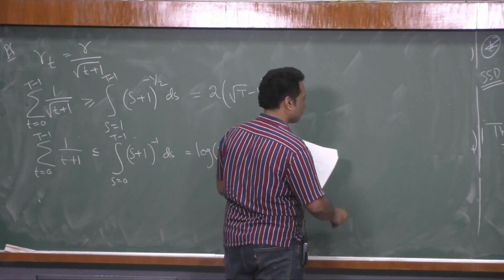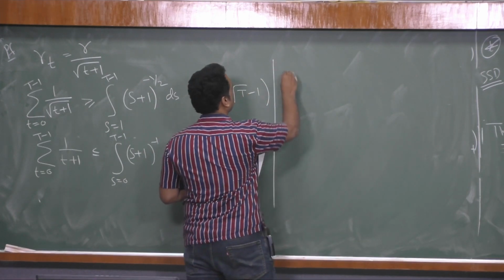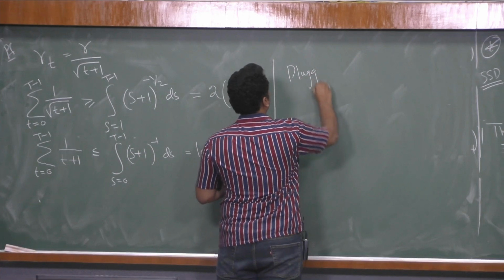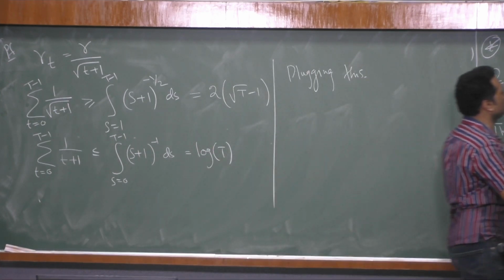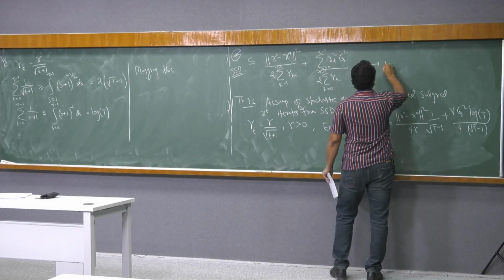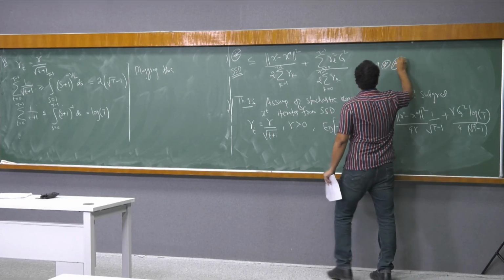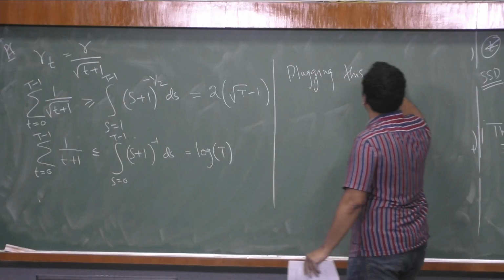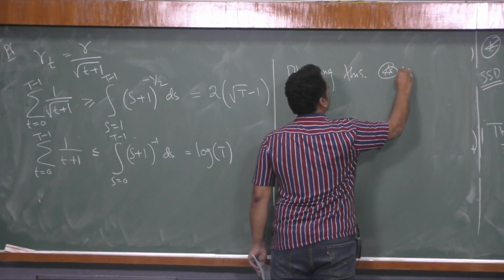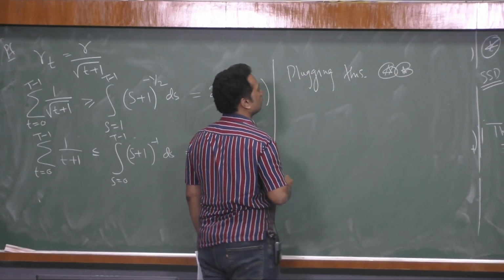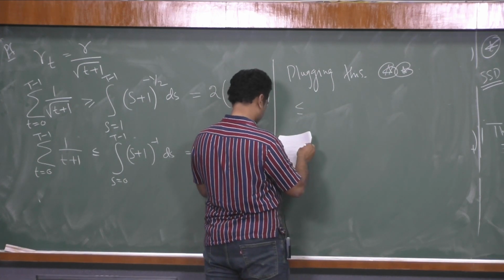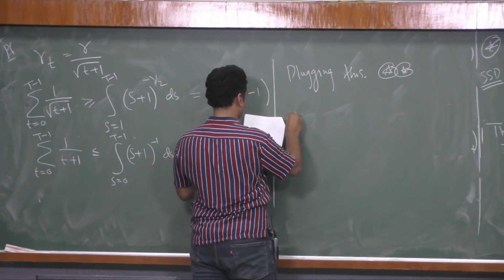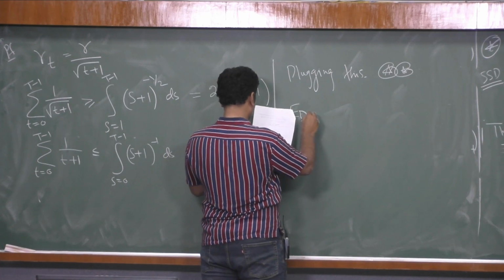With this the result is immediate now. So we will plug this in here, in the double star. Let us write the full thing, with the expectation on the left hand side as well.